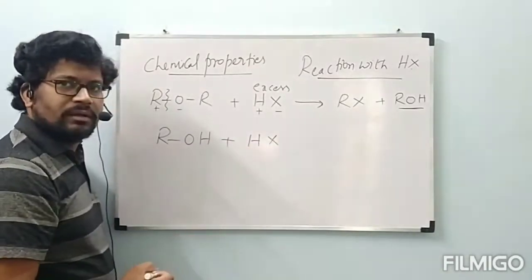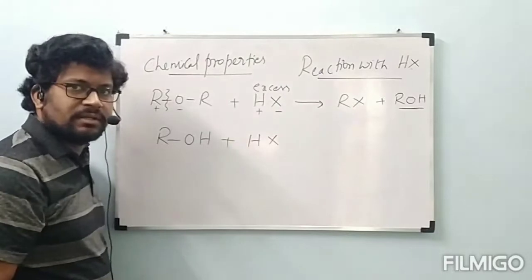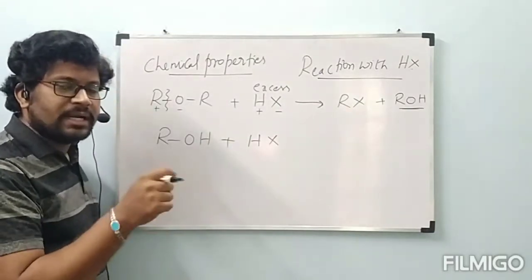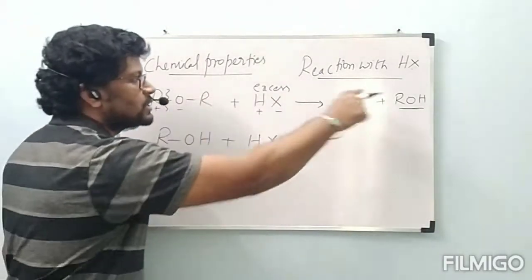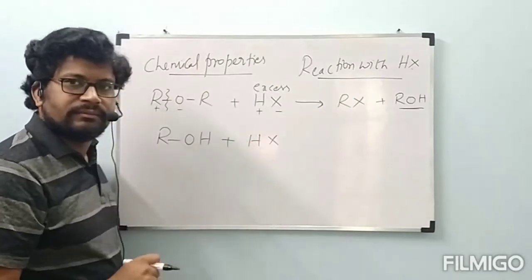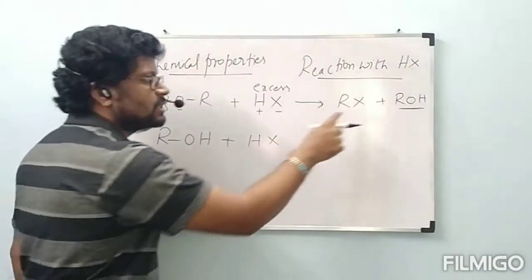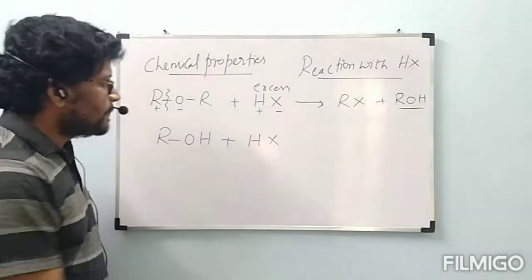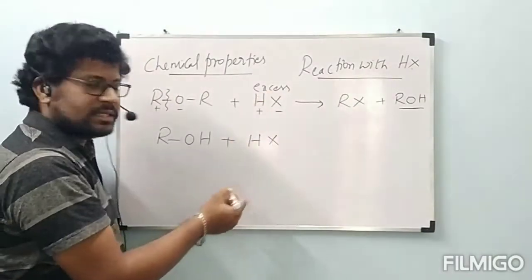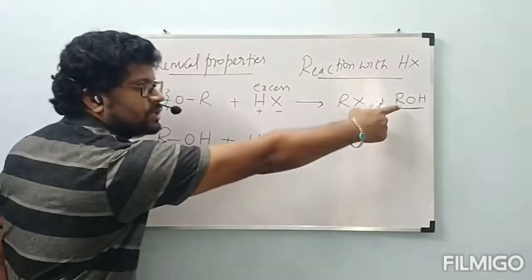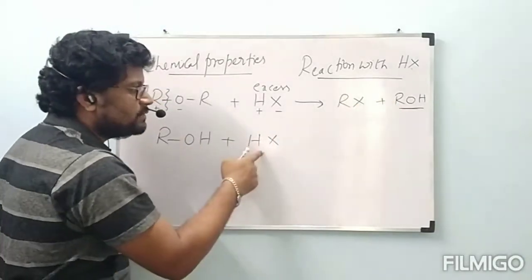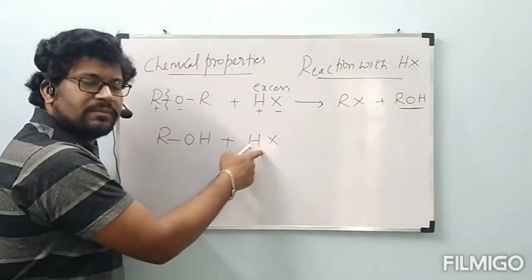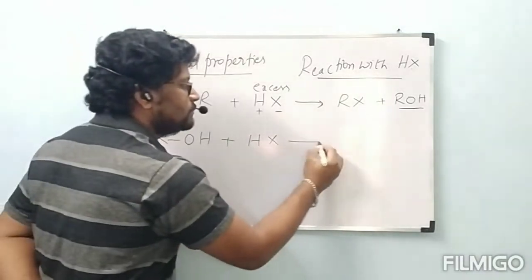When we use a limited amount of HX, it will stop at the first reaction only, the formation of RX and ROH. Now, when we take excess of HX, this formed ROH combines again with some extra amount of HX.